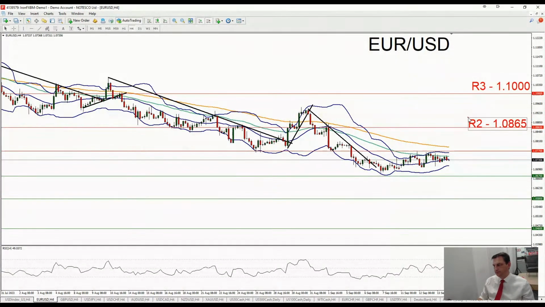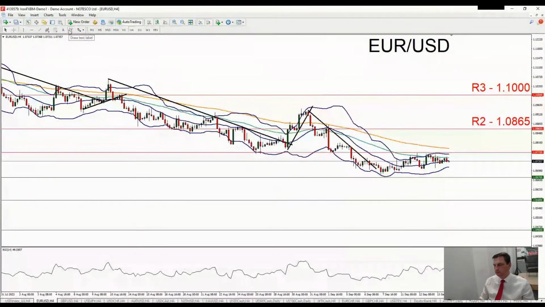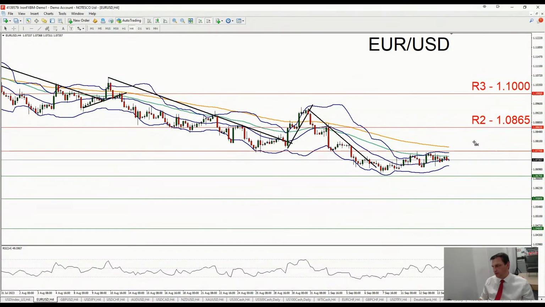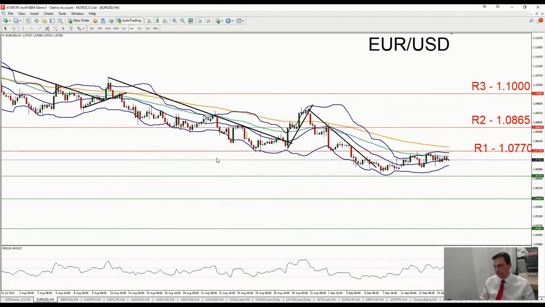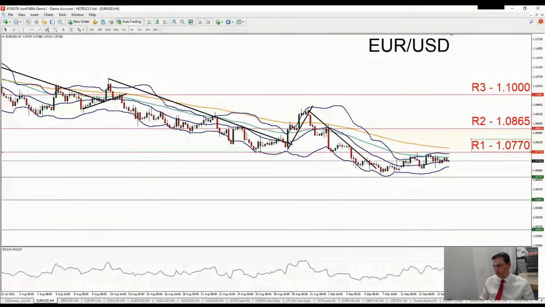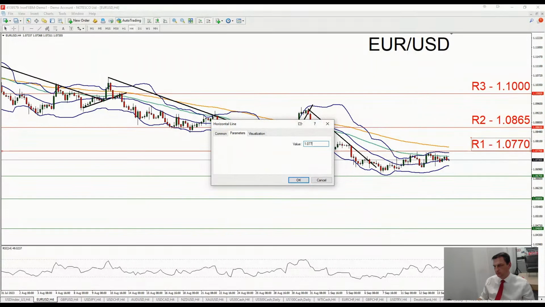Let's lock it in. R1, we're placing it at 1.0770. Once again, let's verify it. Yep.